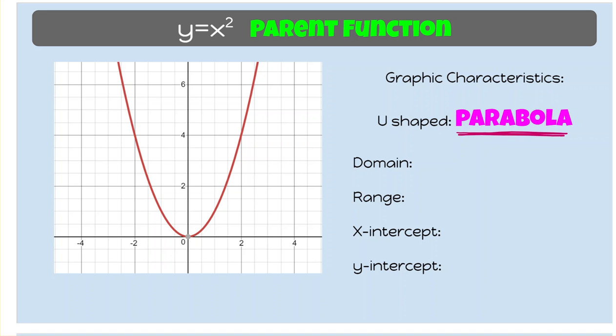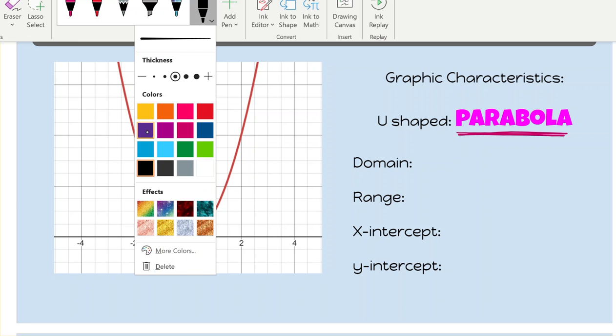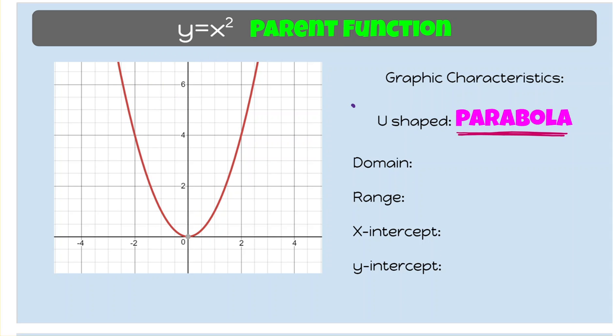So just like any graph, we can list the domain and range and the intercepts. Domain is a list of all possible x values. If I look at this graph, and I'm going to add some arrows in, this is continuing in the upward direction. My domain, if we remember, we read from left to right.